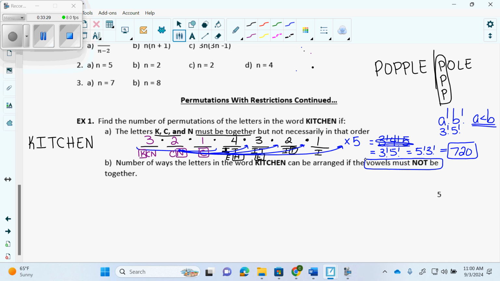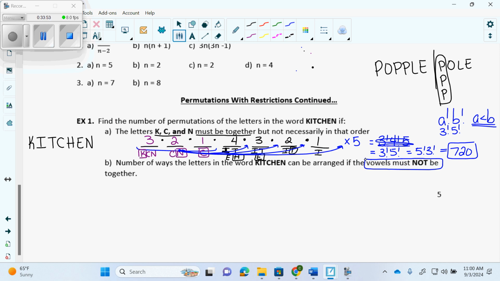So this one says the vowels can't be together. What is the opposite of the vowels not together? Vowels together, correct? If I take two opposites and I add them up, I'll get the total of all the options, won't I? Right? So if I take the people not in this class and I add it to the people in this class, I get the total number of people in this school.